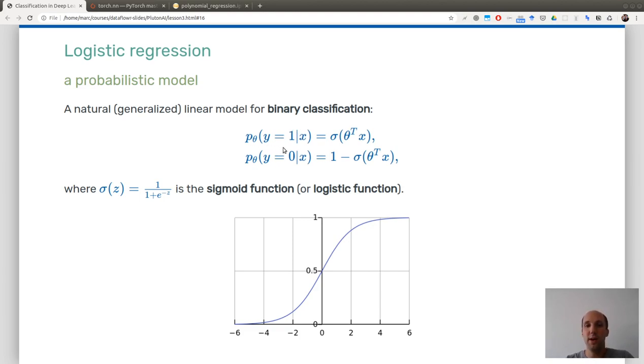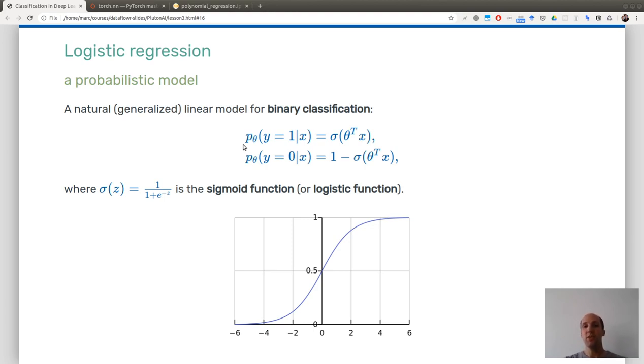So the target y can only take two values, 0 or 1. For example, 0 will correspond to dogs and 1 to cats. So your task now is, given x, which might be an image, to predict the probability that this image is an image of a cat or an image of a dog.